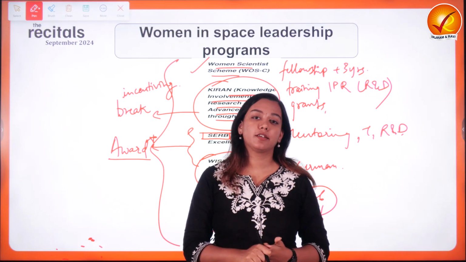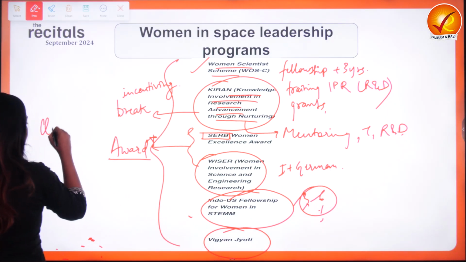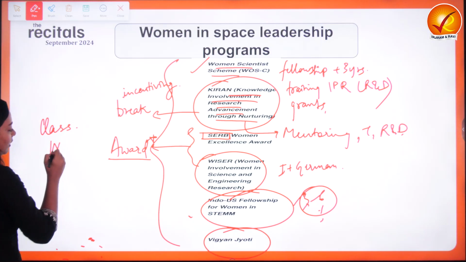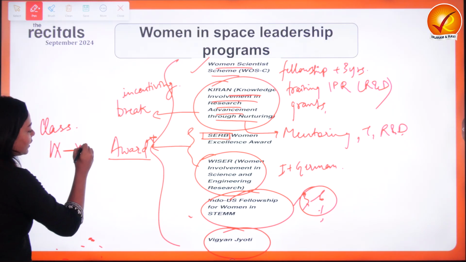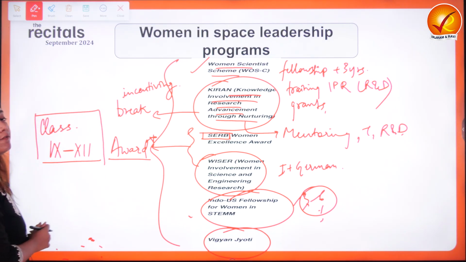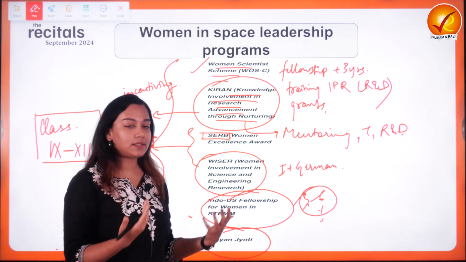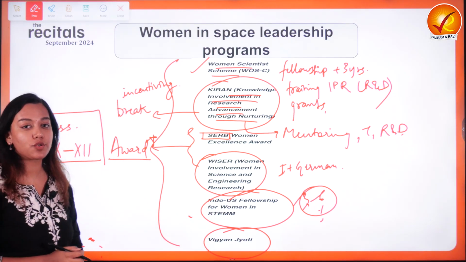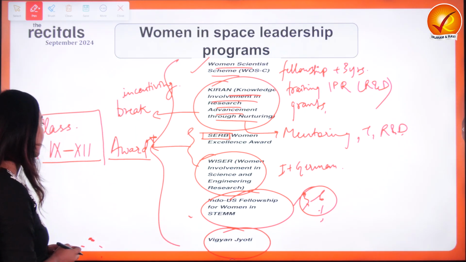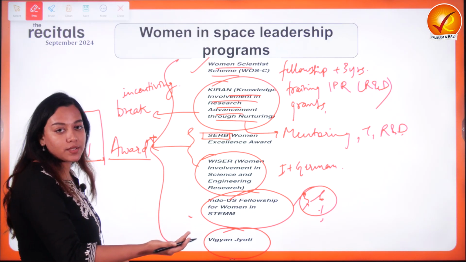It's the 10th standard. So Vigyan Jyoti targets girls from the 9th till 12th standard, provides them mentorship, and free visits to some of the important science institutes, for example ISRO, the Vikram Sarabhai Center, and nuclear institutes, in order to give them more exposure and build their curiosity in joining and contributing towards the STEM field.